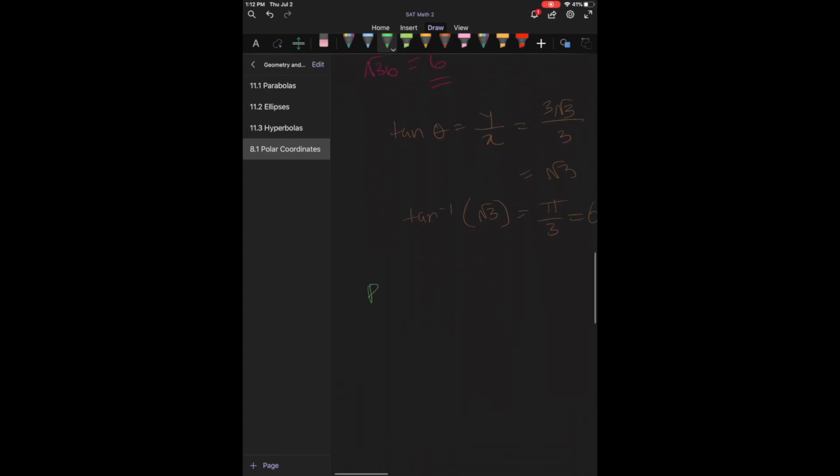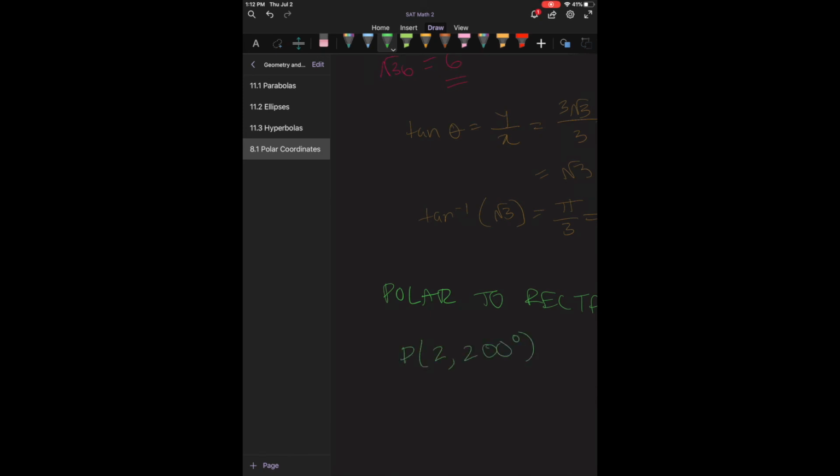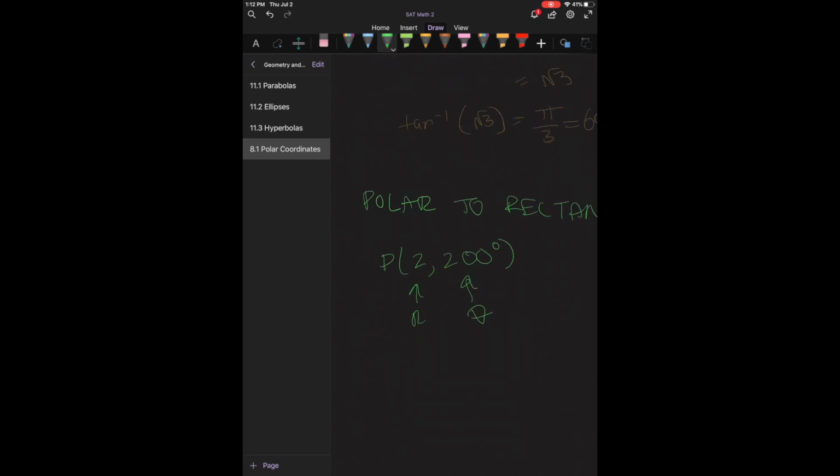So let's do polar to rectangular. Okay, polar to rectangular. Okay, and the point is 2 and 200 degrees. Okay, this is r, and this is theta.